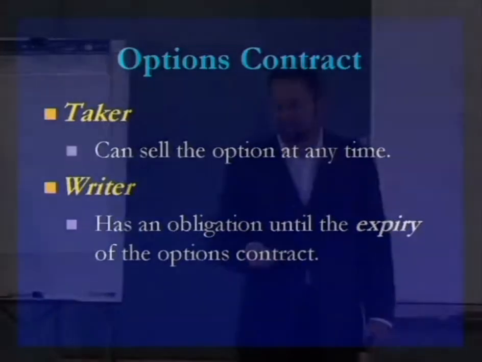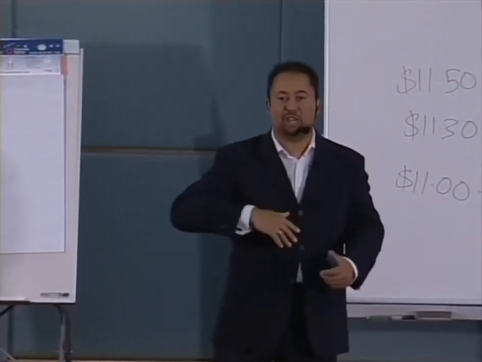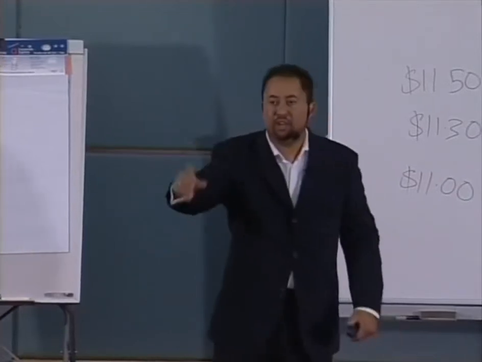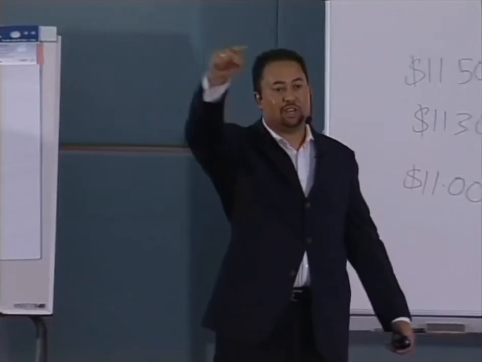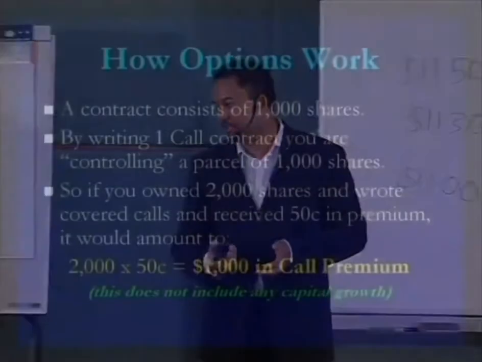So whoever Joan sells that to, the same expiry, the same obligation will just go with that contract. If that person then decides to exercise their call option, they would exercise with the options clearinghouse and they would come after me. That's how it works.